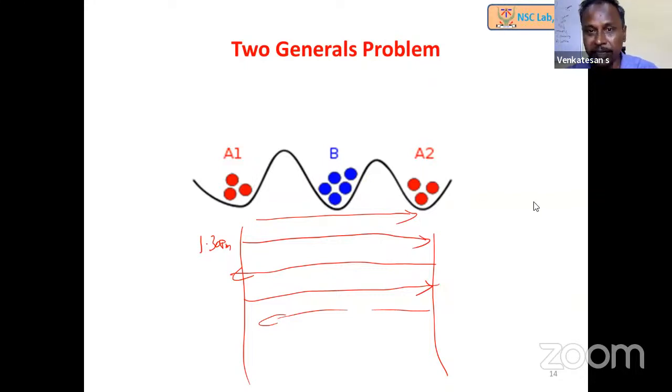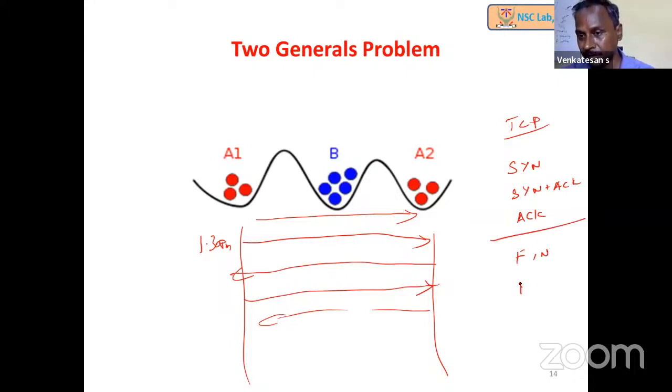However, people say that the TCP protocol, which I hope we have all gone through in our UG, does SYN, SYN-ACK and then ACK. This solves the problem. But again, if you go for FIN, here also there is no guarantee.